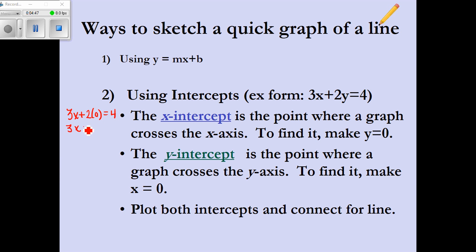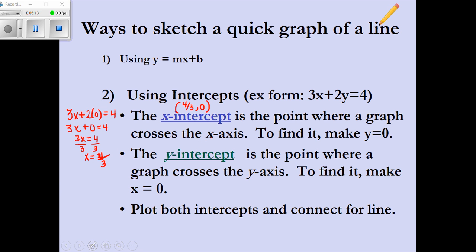So 3x plus 0 equals 4, 3x equals 4, divide by 3, x equals 4 over 3. So the x-intercept would be, in this case, (4/3, 0). And you would plot that a little bit over 1, 1⅓.